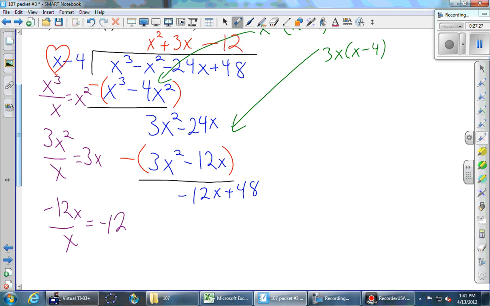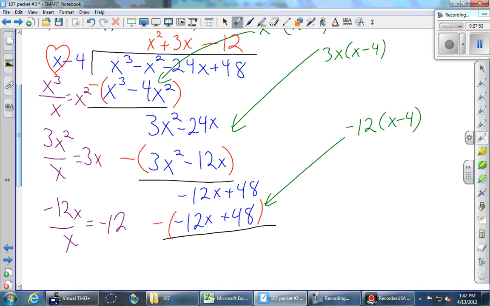Minus 12. Then what? Multiply. Negative 12 times x minus 4. We'll put that down there. Negative 12x. I like that. What's next? Plus 48. I really like that.